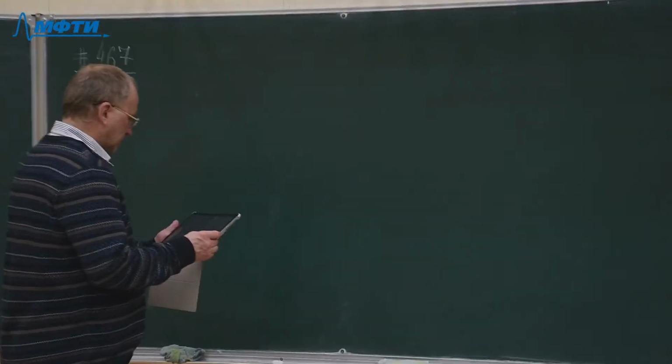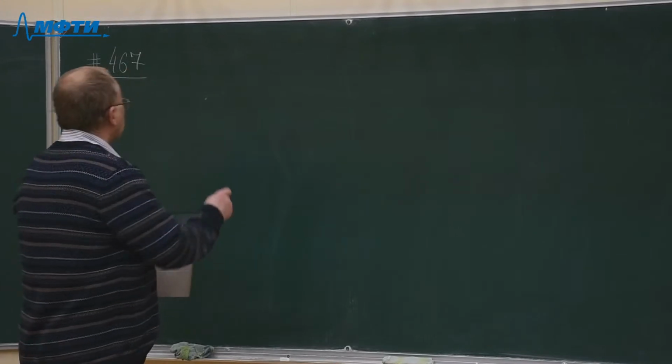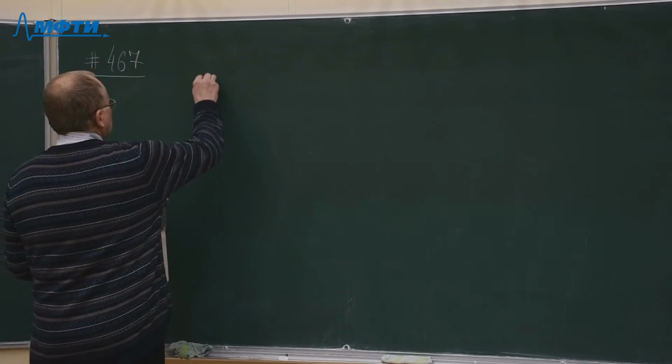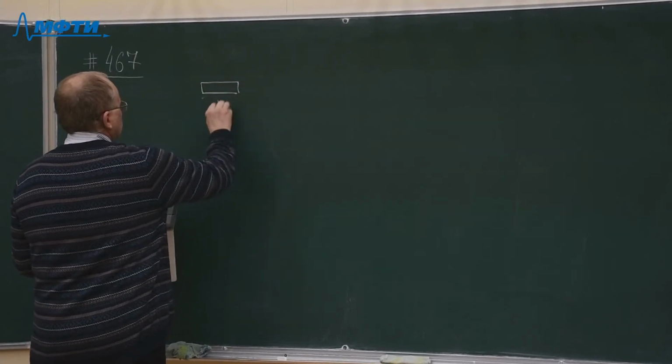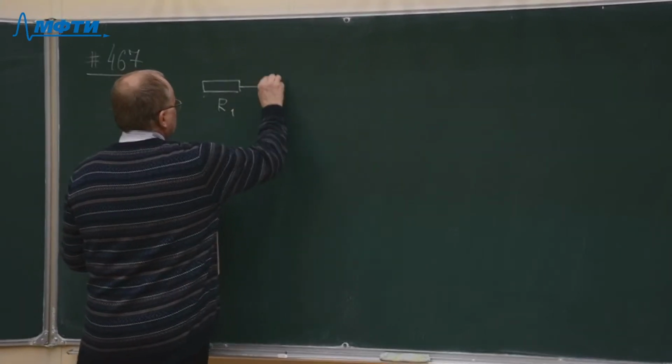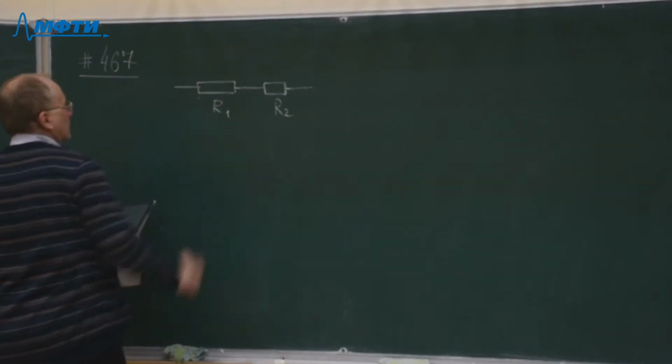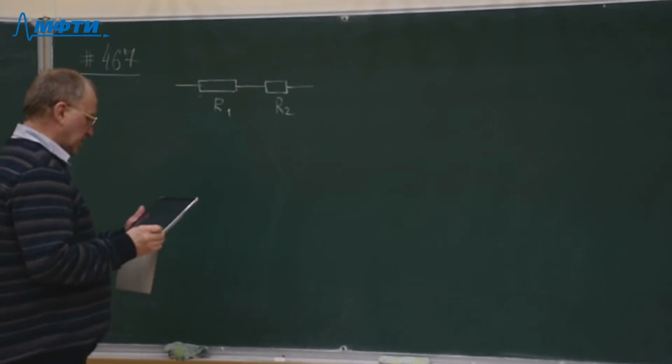Resistances R1 and R2 are connected in series. So we have two resistors, R1, R2, and these resistors are connected in series.